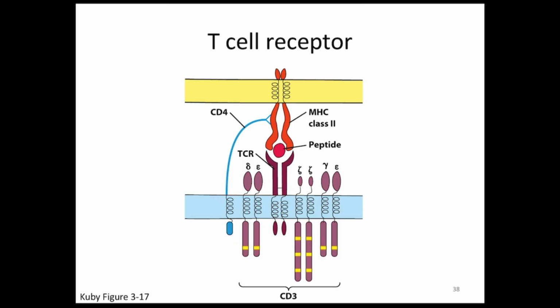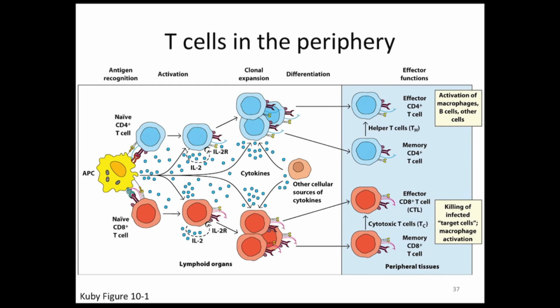Remember, CD3 is bringing the ITAMs, CD4 or CD8 is bringing the kinase. And so we're going to be able now to see a lot of different signal transduction events happening in the T cell that are going to lead to all of these changes in the T cell that you see here.